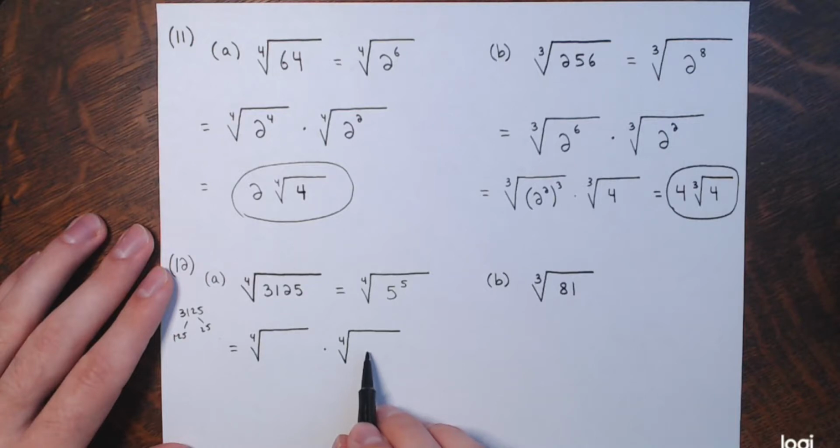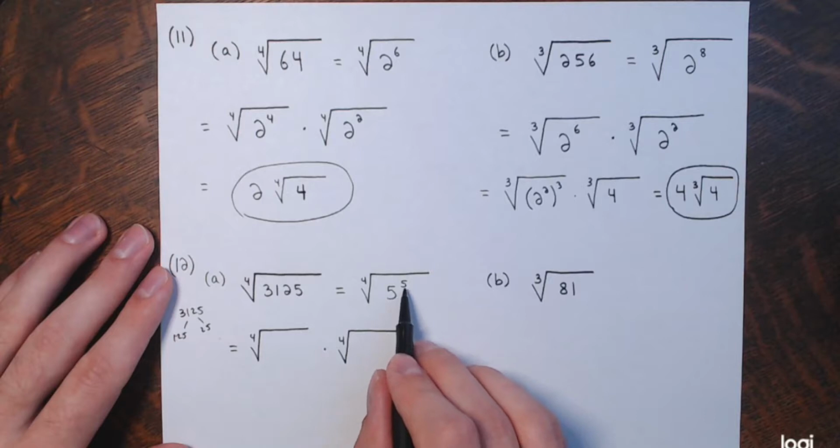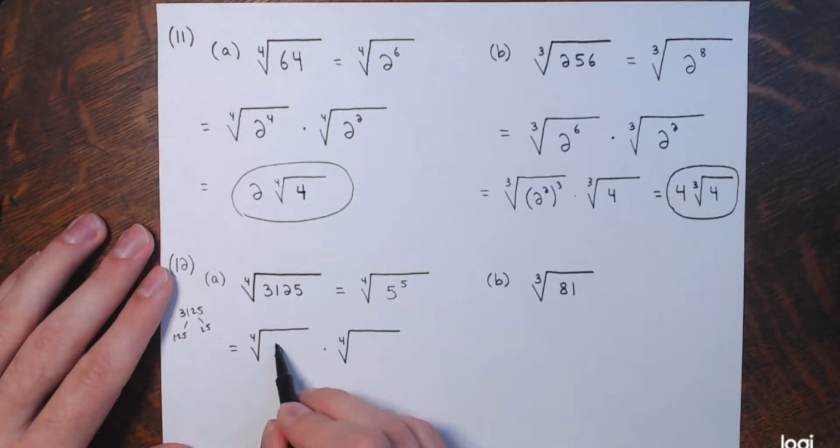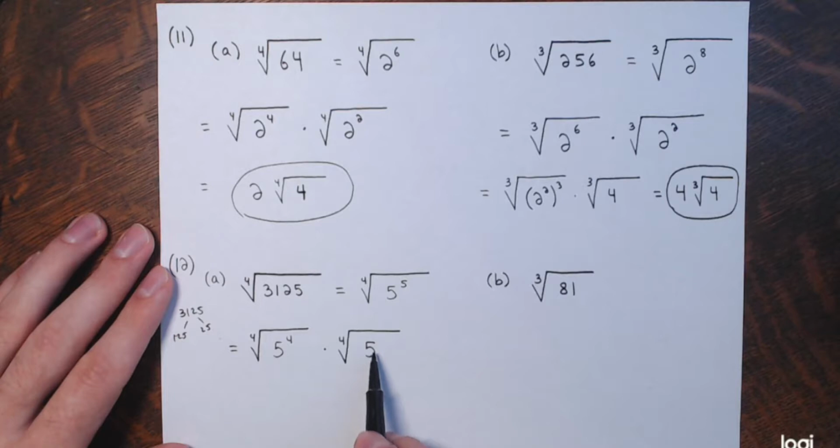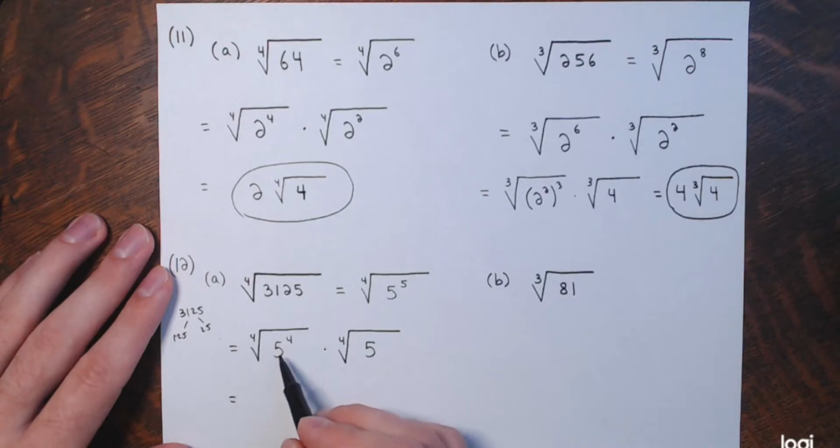Non-4th powers. 5 to the 5th can be broken up into 5 to the 4th times 5 to the 1st. That's 5 to the 5th. And there's your 4th powers, not 4th powers. And now I have the 4th root of a 4th power. Those will undo each other. I'm left with just the absolute value of 5, or just 5 here, times the 4th root of 5.